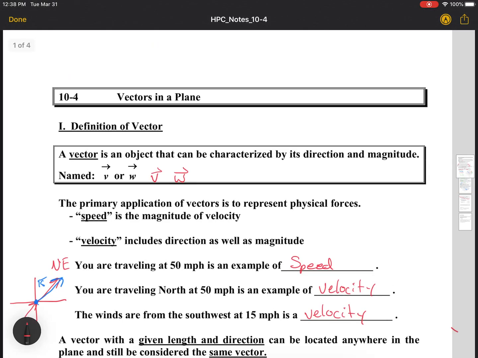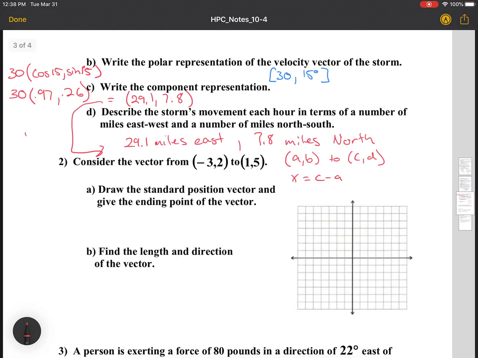And then our y is going to equal our D minus B. All we're doing is doing end minus beginning. Do your end minus beginning, and it's going to give you your standard position. So for A, it's saying draw the standard position of this vector.